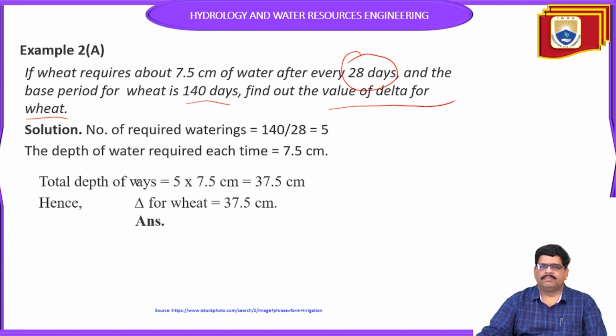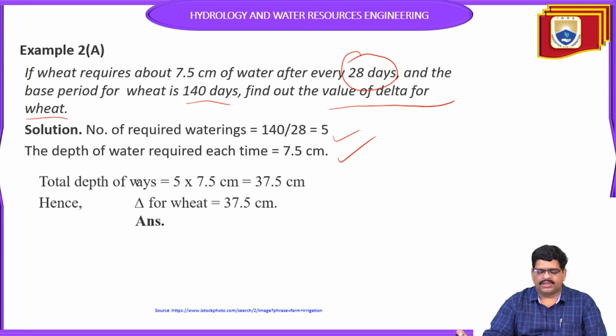So 140 divided by 28 is equal to 5. And the depth of water required each time is equal to 7.5 centimeters, as given.